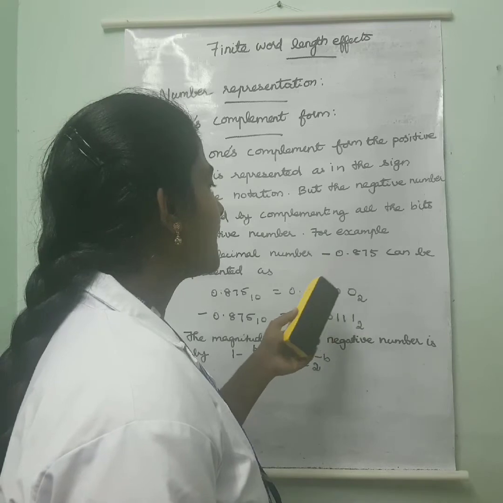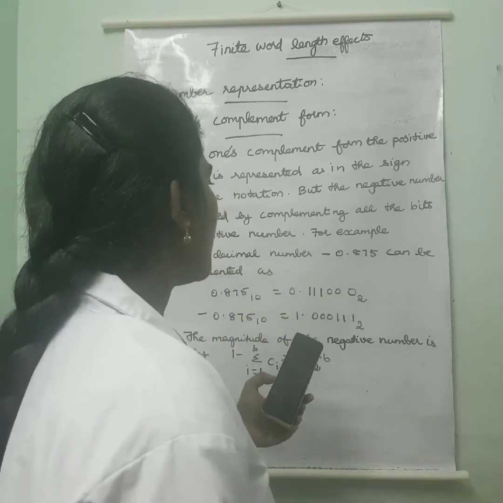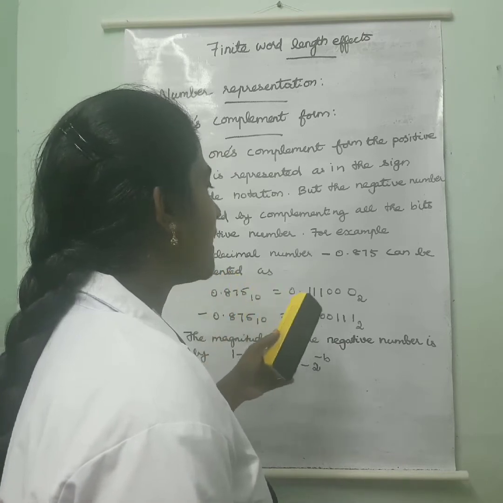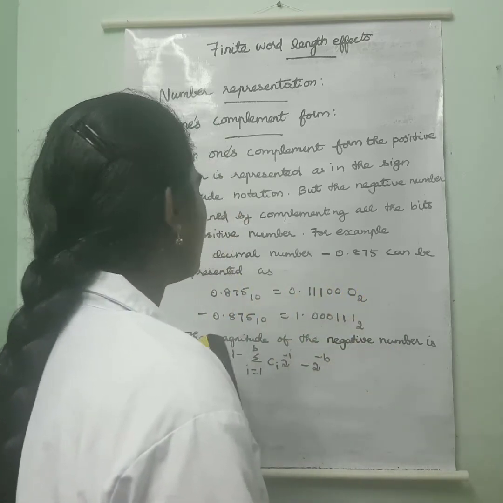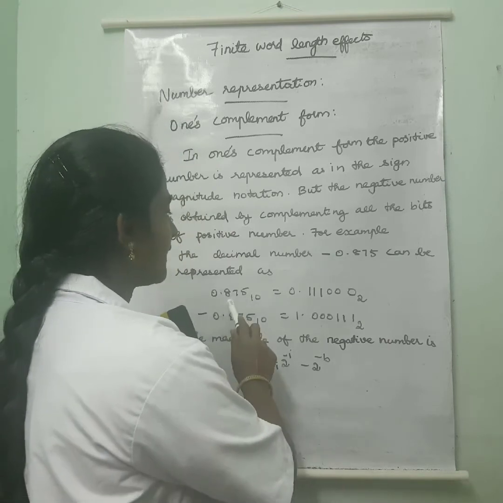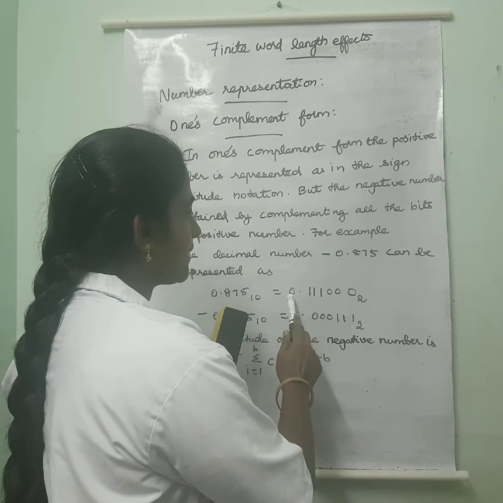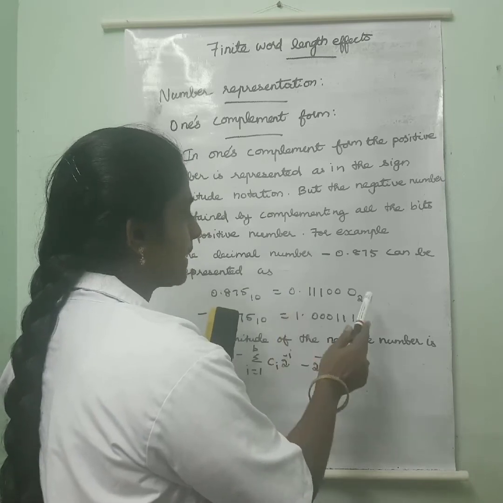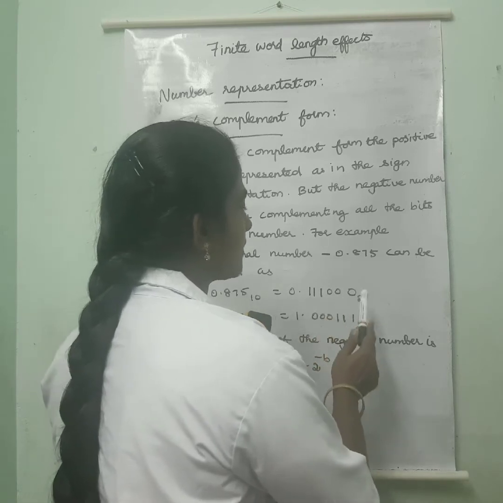For example, we can take minus 0.875. First you write the representation for plus 0.875, the binary representation, as 0.111000.